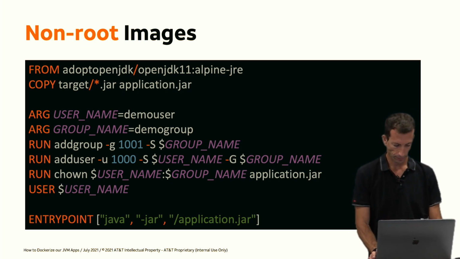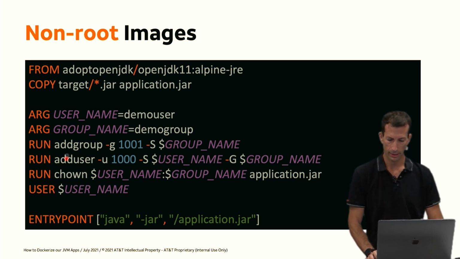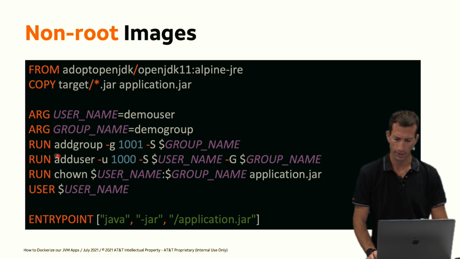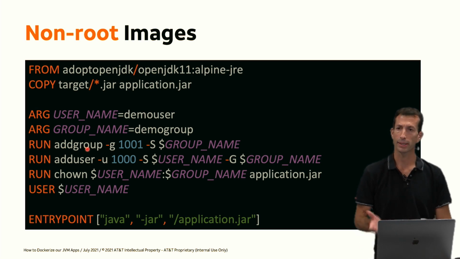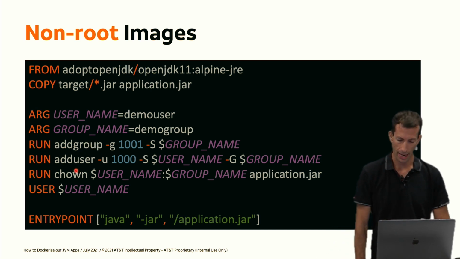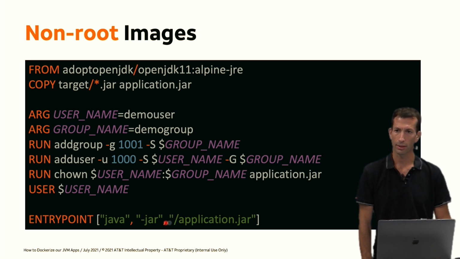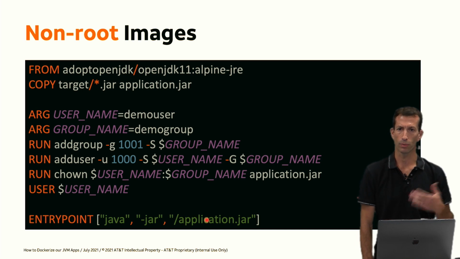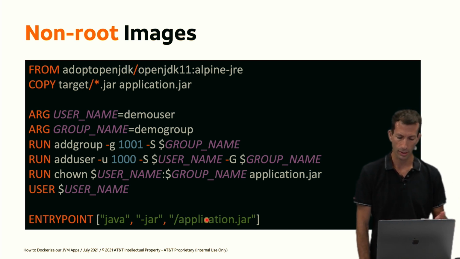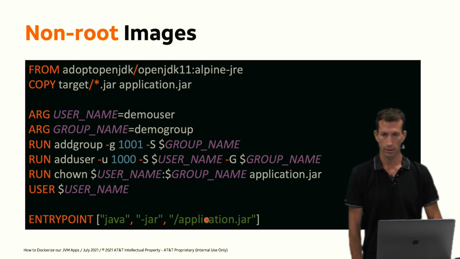Here's an example. Let's take a look at these commands here. The first run command, so this is Alpine, I add a group. I then add a user with a name that I decided on in advance, and then I change the owner of my jar, and then I use this instruction USER, which means that this command in the entry point and any subsequent RUN or CMD instructions will be run with this specific user.